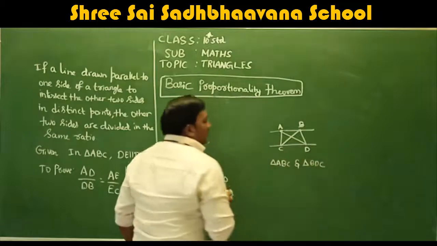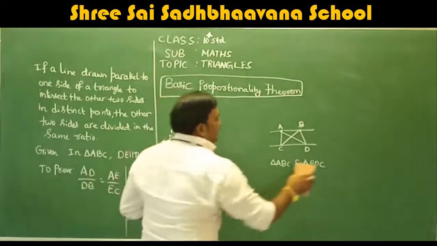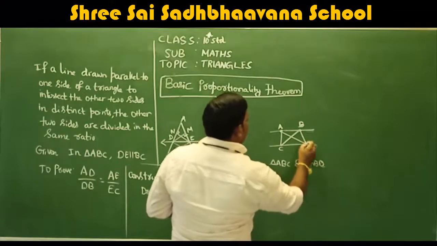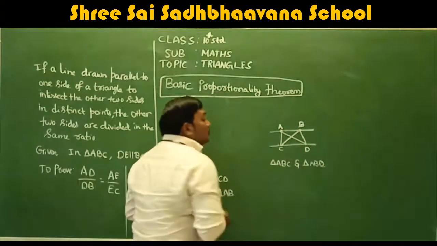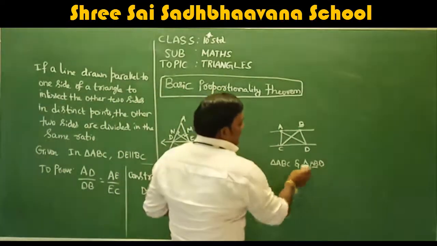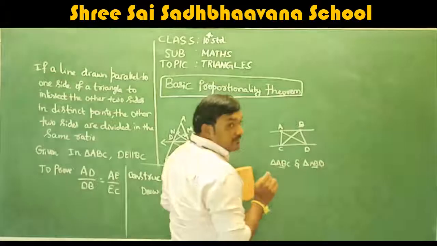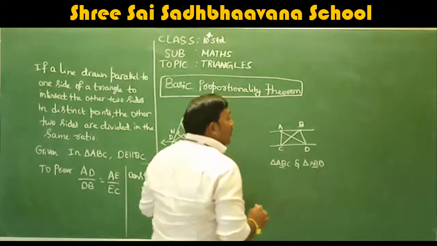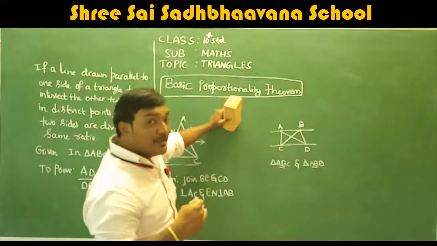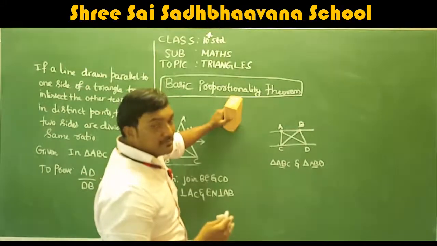Sorry, triangle ABC is one triangle, another is ABD. Correct? ABD, ABC. These two triangles have the same base. You can observe here, AB, AB. So they are lying on the same base, and these two triangles are in between two parallel lines.